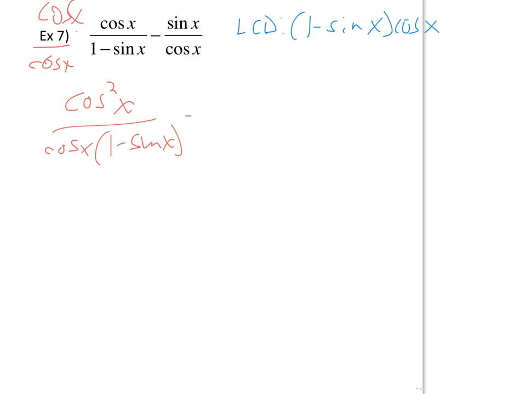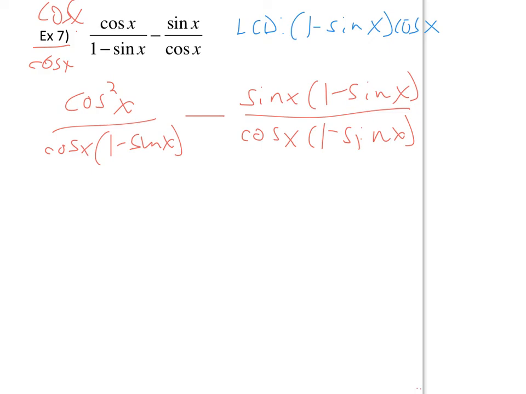And then let's put a minus sign there and switch over back to blue for a minute. I'll keep red. If I want to make this part right here have the LCD, then I need to put in a factor of 1 minus sine x top and bottom. So that's going to make it look like sine x times 1 minus sine x all over that LCD of cosine x times 1 minus sine x.